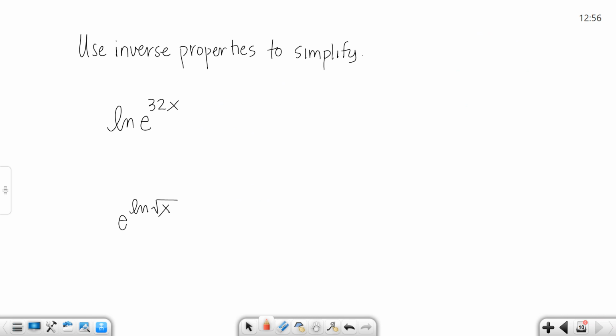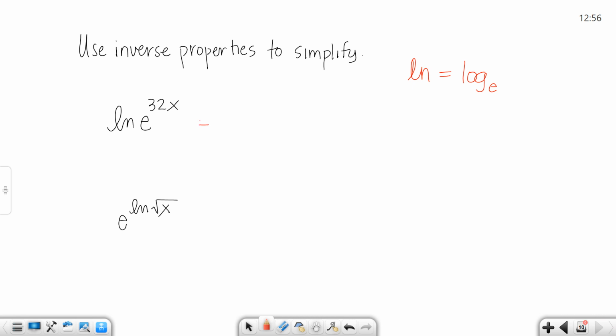The last thing that you have is using inverse properties to simplify. Now, what you have to remember is that the ln is the same thing as log base e. So the ln has every same property as the log, except it just has base e.